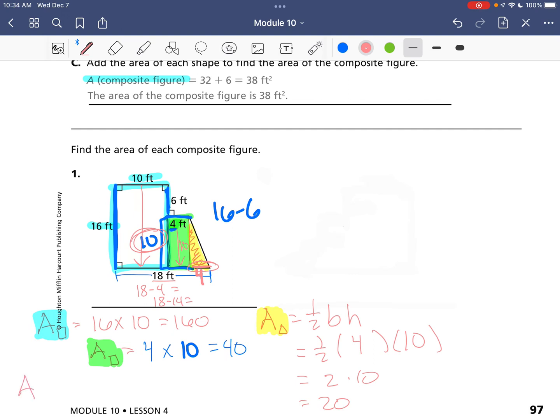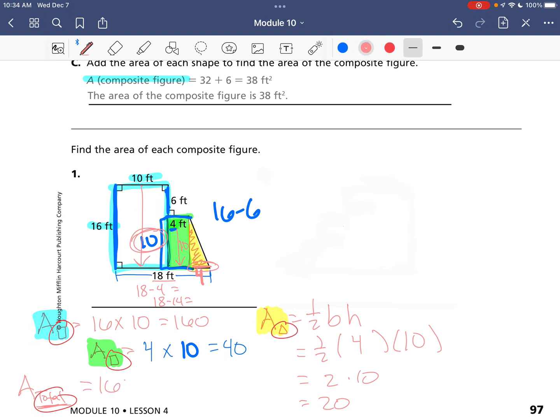So the area total, and this little subscript like that is just meant to be identifying what you're finding. I have my rectangle, and then triangle. I'm just saying here, I'm finding the final answer.